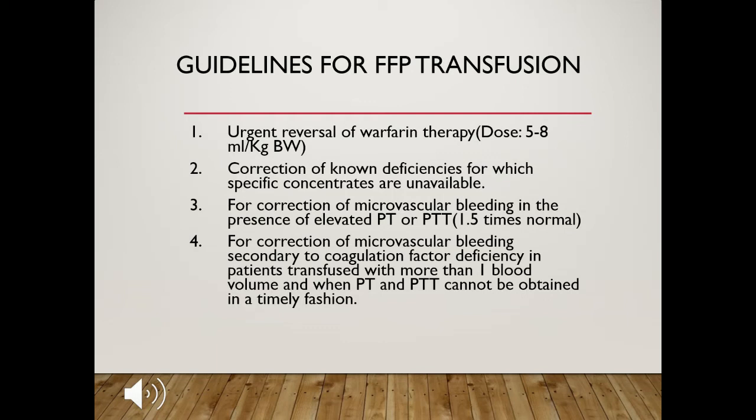Number 4, for correction of microvascular bleeding secondary to coagulation factor deficiency in patients transfused with more than one blood volume, and when PT and APTT cannot be obtained in a timely fashion. So these are patients who receive massive transfusion, especially in trauma patients, because there is dilution coagulopathy.